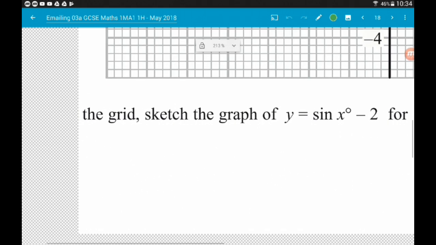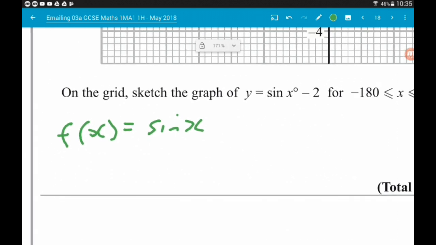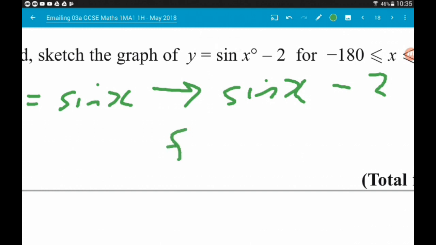So the way that we are transforming this function, we're going from f of x equals sine of x to sine of x minus 2. So the minus 2 is not directly involved in the sine function. So this is of the form f of x minus 2.